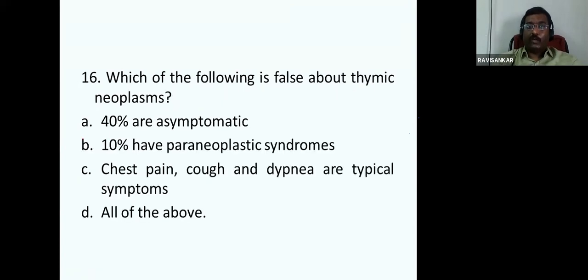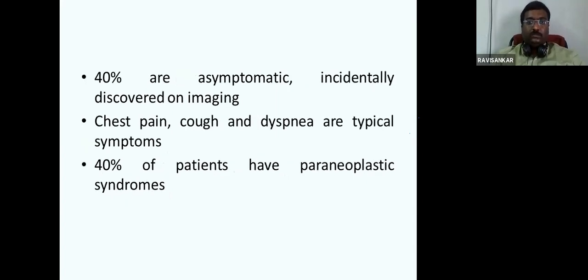Which of the following is false about thymic neoplasms? 40% are asymptomatic. 10% have paraneoplastic syndromes. Any guesses? 40% are asymptomatic.